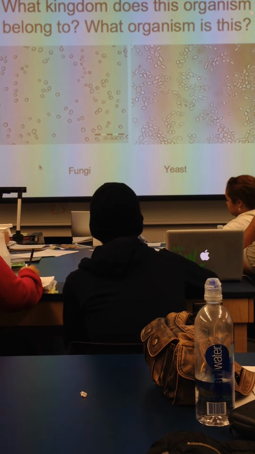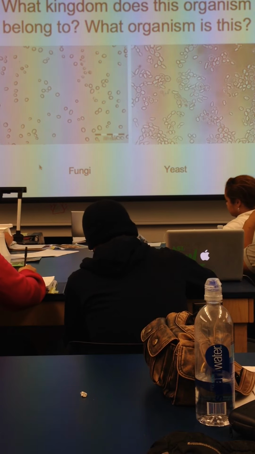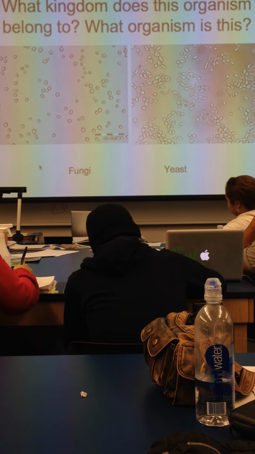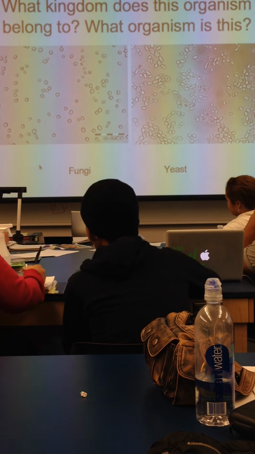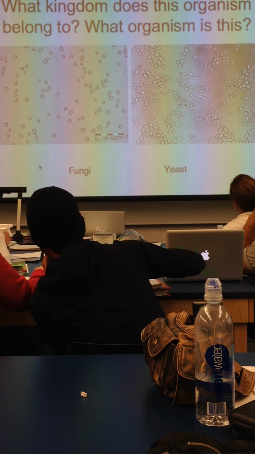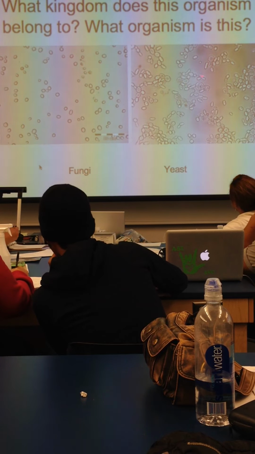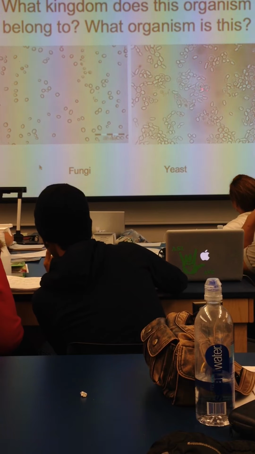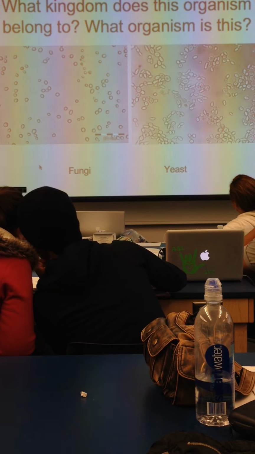Good. Okay? If you look, in some, you can make out the nucleus, and they have these thicker outer walls. Those are cell walls, right? Fungi are eukaryotes. They have a nucleus. They have the thick cell wall, okay? So these are your yeast cells, and right here we have a little bud going on, all right?